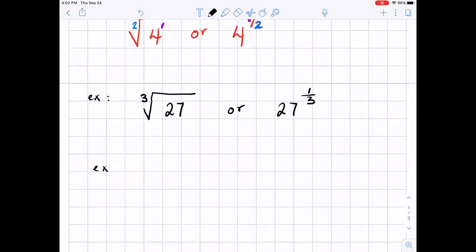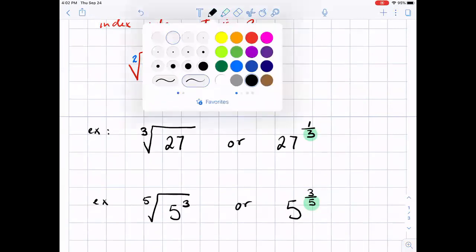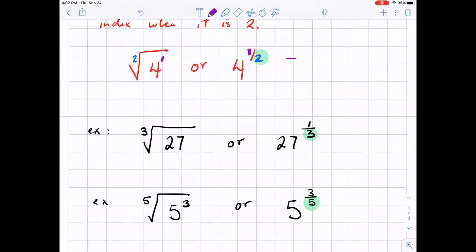If we look at another example, if we have the 5th root of, let's say, 5 to the 3rd power, the root is 5th, the index is 5, so that 5 goes here, and 3 now because the number has a 3rd power. So as I said, these numbers here are the index of the root.